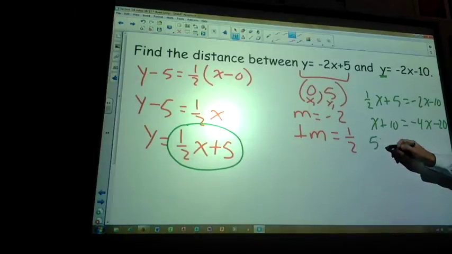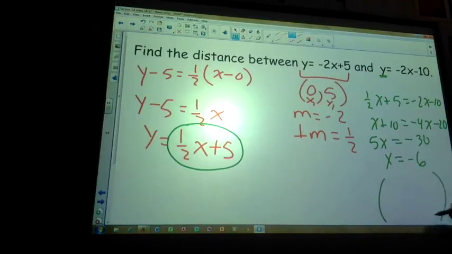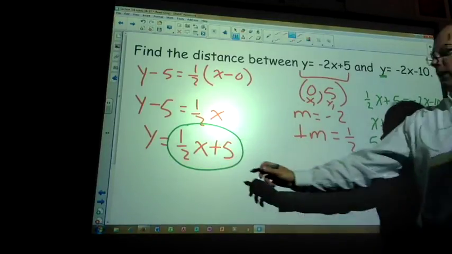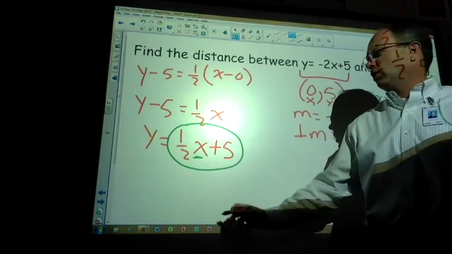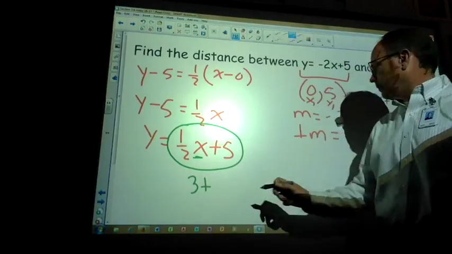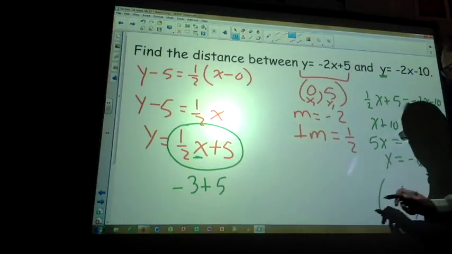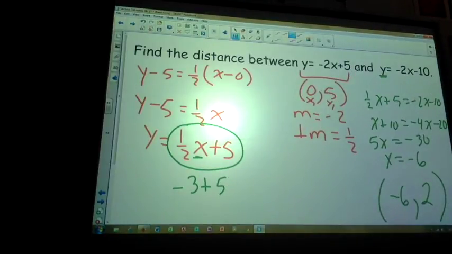That's 5x equals negative 30. x is equal to negative 6. How do I find my y component? Plug that back into either one, it doesn't matter. So let's plug negative 6 in right here. Half of negative 6 is negative 3, plus 5. So the point is negative 6 comma 2.